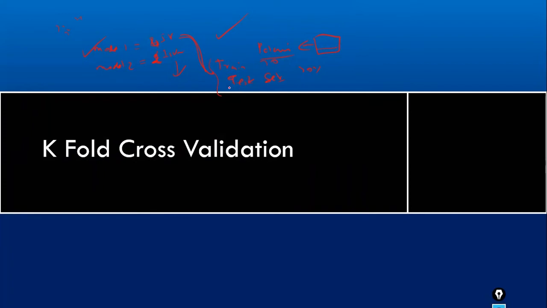Now let's say Mala gives me another train and test set. It is slightly different from this one, but with this, model 2 is performing well and model 1 is not doing a good job. We are not able to reach any conclusion in this case.